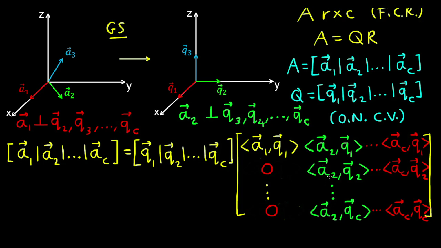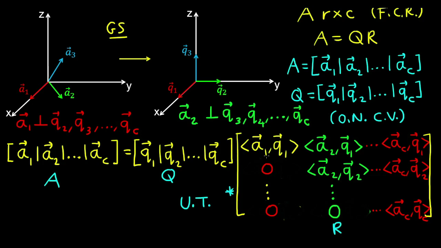Therefore the entries below the diagonal are all 0, so our matrix R is an upper triangular matrix. So we have our matrix A equal to Q by R.